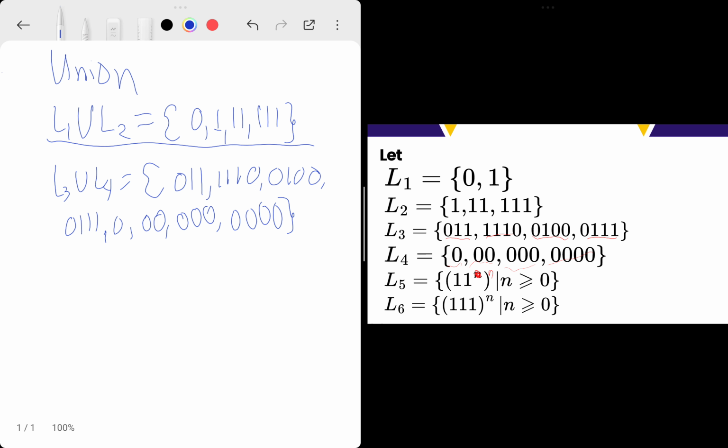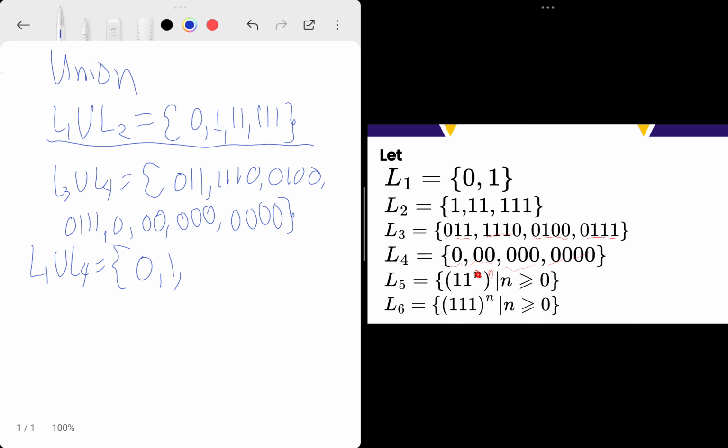How about L sub 1 and L sub 4? So L sub 1 union L sub 4. We will copy 0 1.